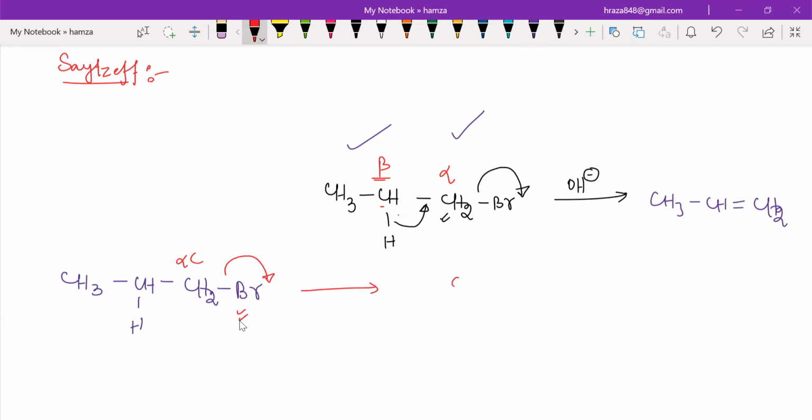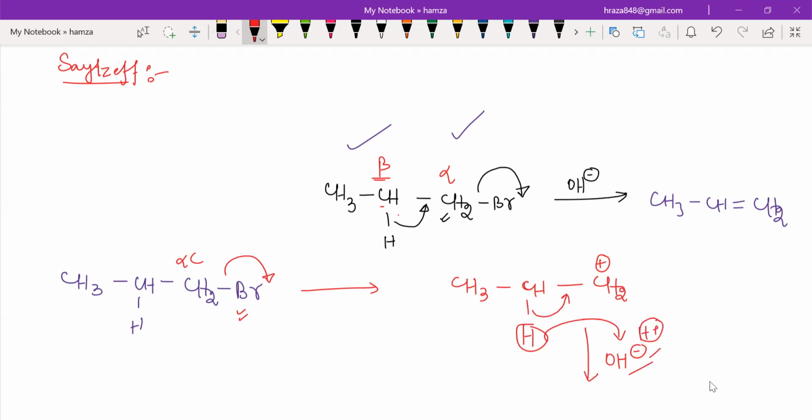Yes or no? Yes, sir. Now what happens here? OH minus is going to react. So this carbon will take electron from hydrogen, and the hydrogen will be H plus. The hydrogen will be H plus and combine with OH to form H2O.